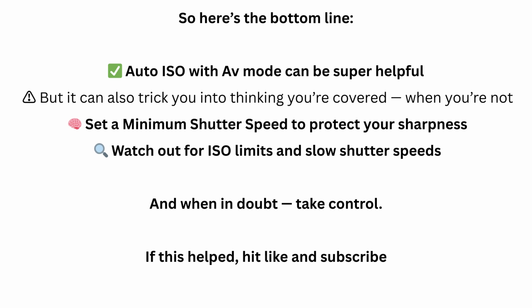So by setting that minimum shutter speed, as we've seen in the video, you're solving that problem. And when in doubt, take control, get out of auto ISO, set that ISO to whatever level suits the photographic situation that you're in.